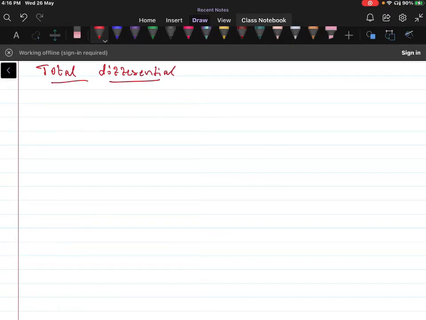Now let us define the total differential of a function of two variables.